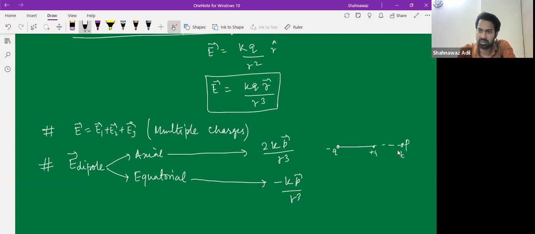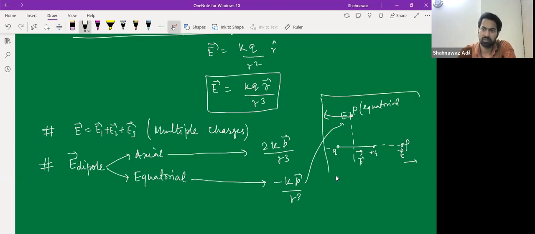At the perpendicular bisector, this is the equatorial point. The electric field due to this is in this direction, and on the axial point it is in this direction. This is the direction of the dipole. Now you remember, Rabia, all the things? Yes, sir.